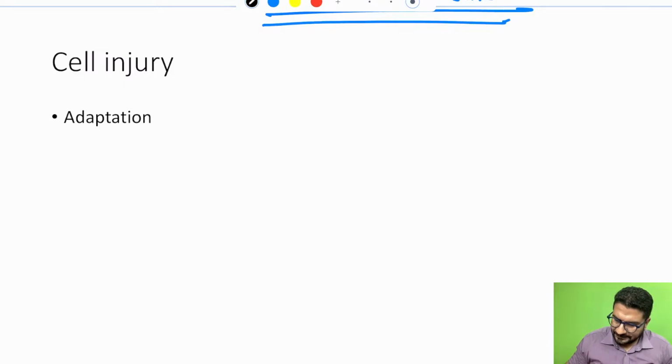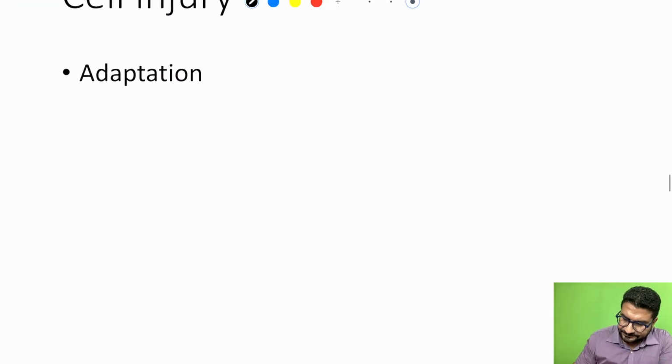So just try to understand what kind of questions come in your exam. That is something which is important. They ask you questions on different adaptations. So what do we have in adaptation?